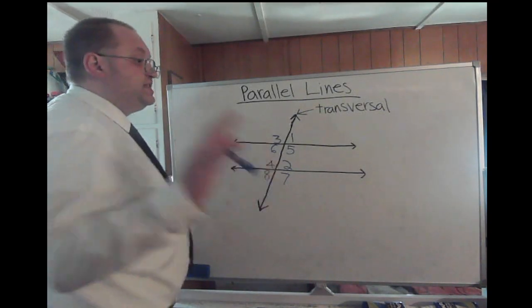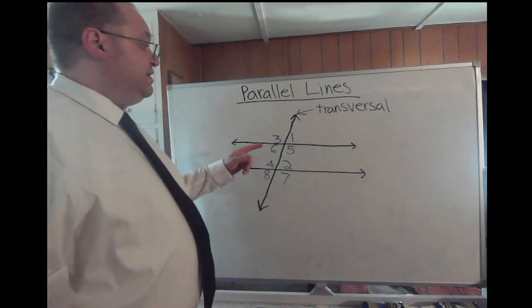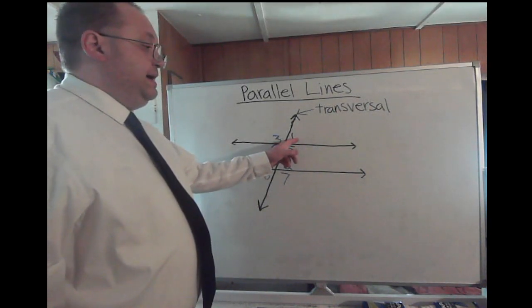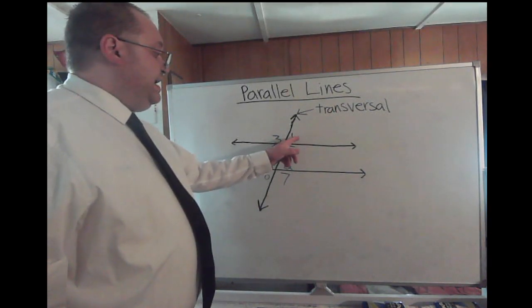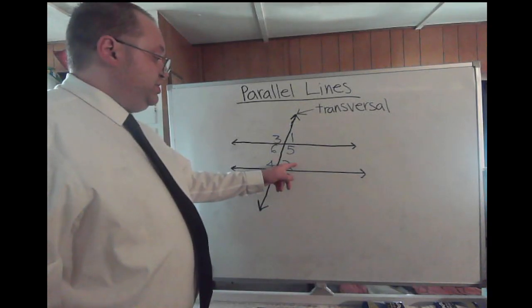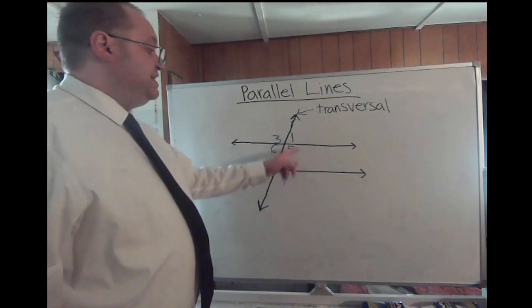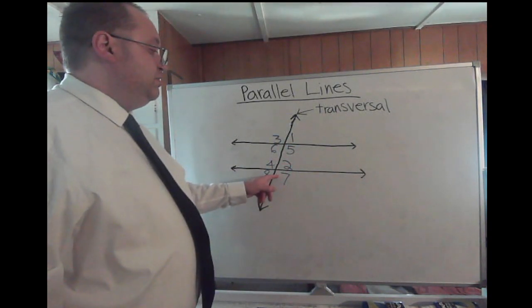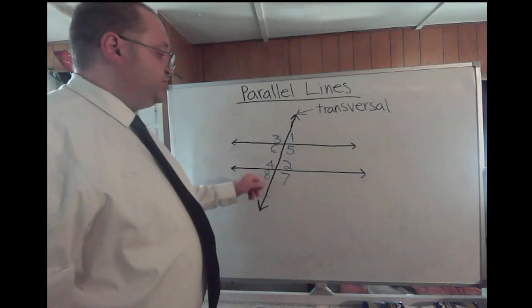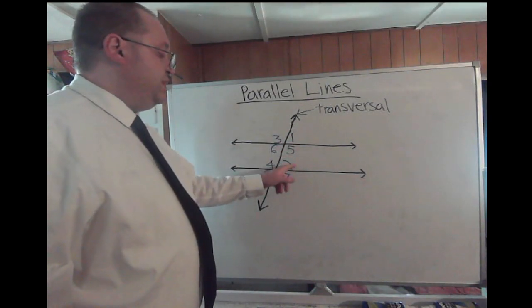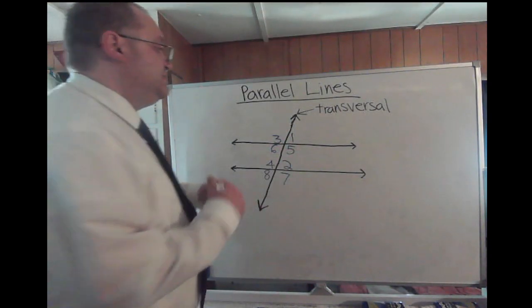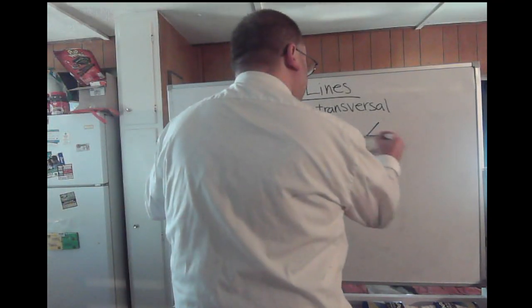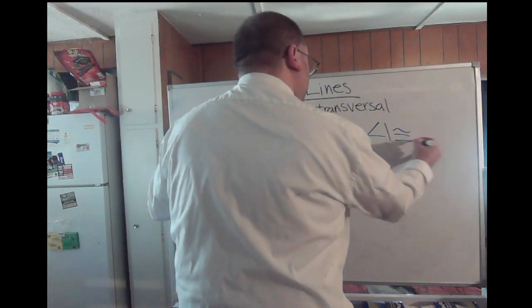Corresponding angles are simply nothing more than each line. Like angle 1 will correspond to angle 2 because it's on the same point of the line right before the transversal. It's on the exact same point of each line that corresponds. So angle 1 would be congruent to angle 2.